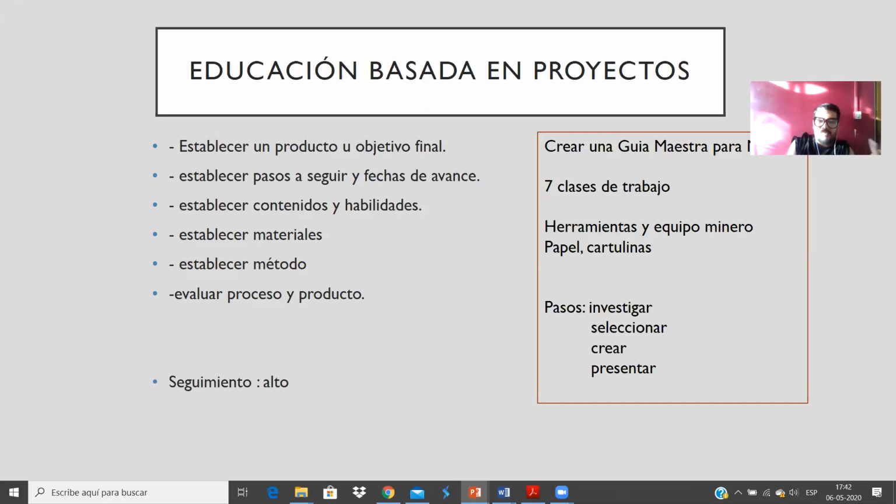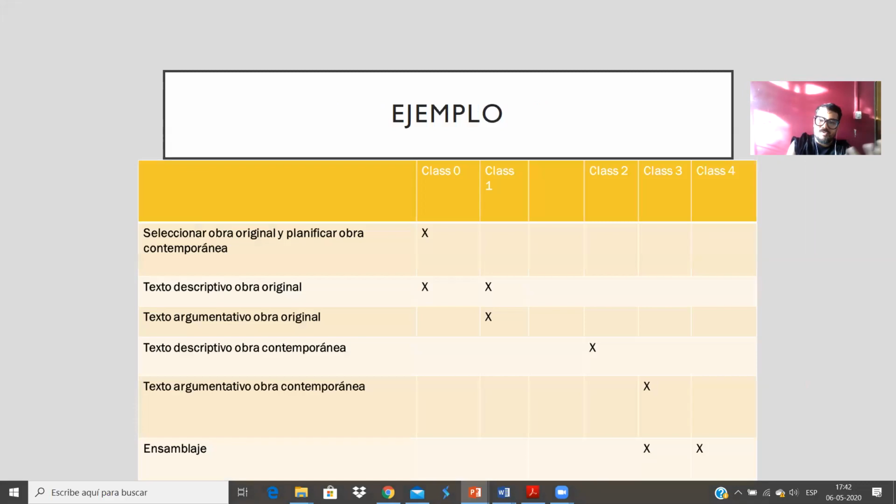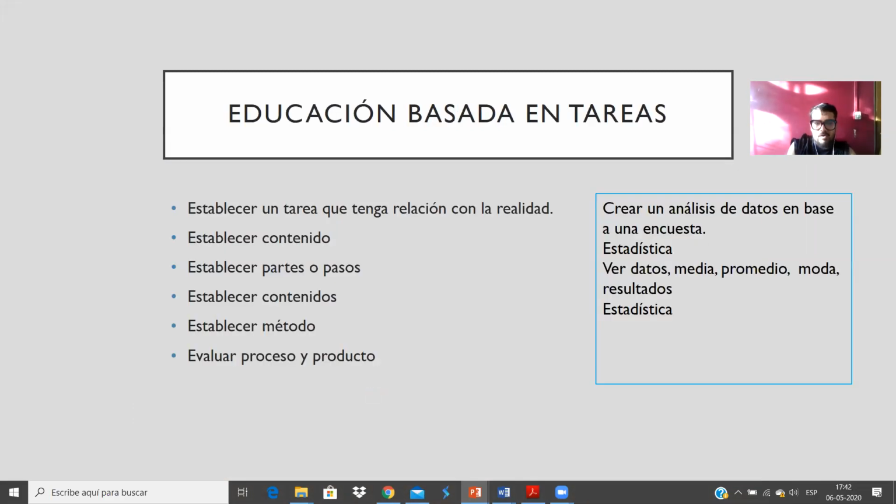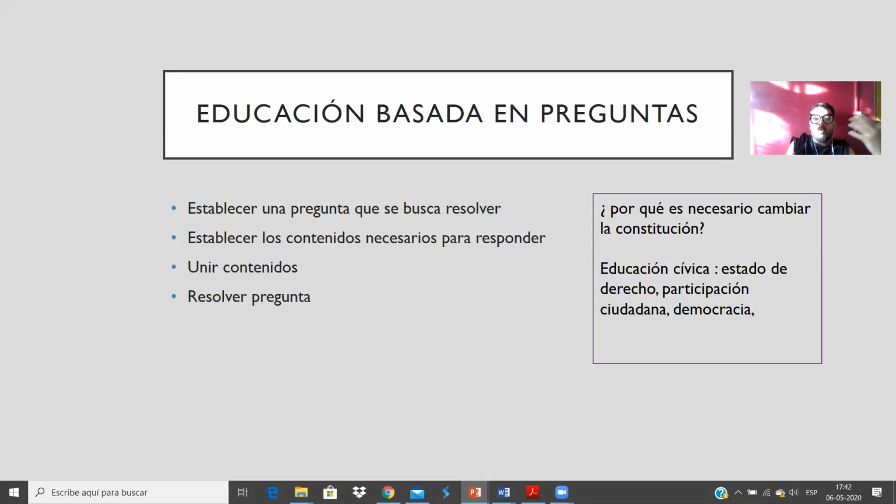a project-based instruction, and you evaluate the level of how advanced the students are, task-based instruction, inquiry-based instruction. You know inquiry-based instruction? Educación basada en preguntas? It is, for example, when you start your whole unit with a question.